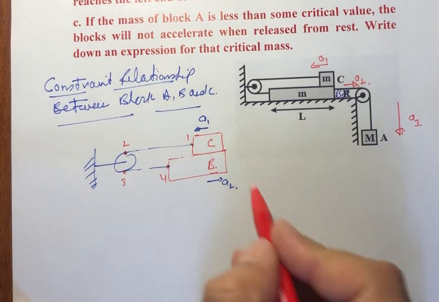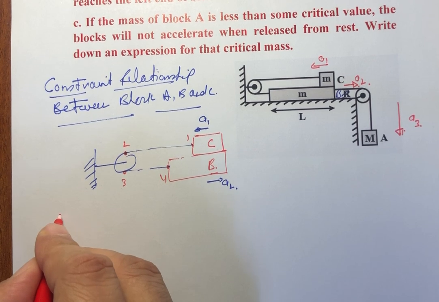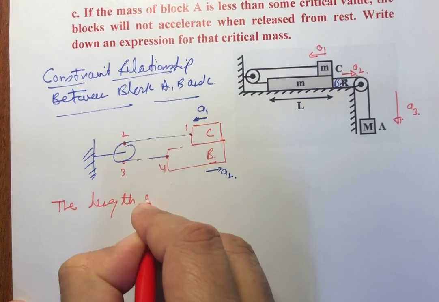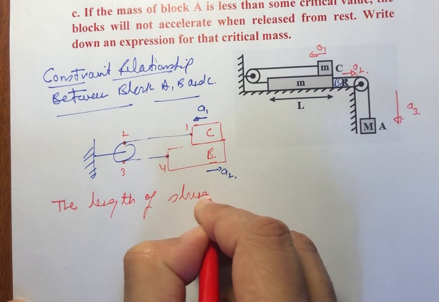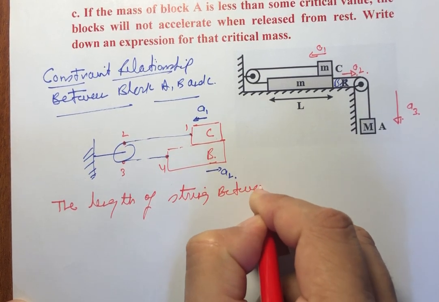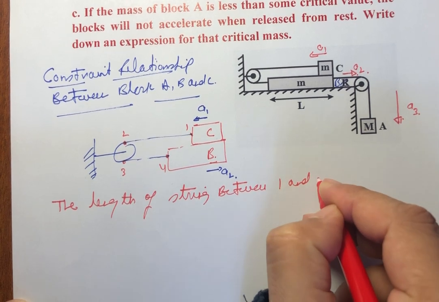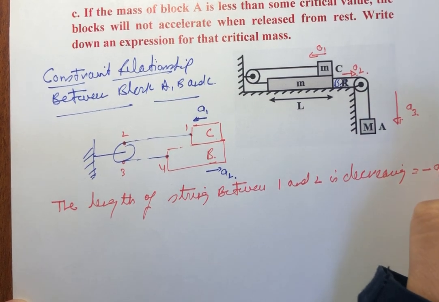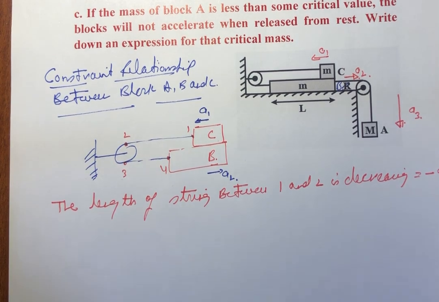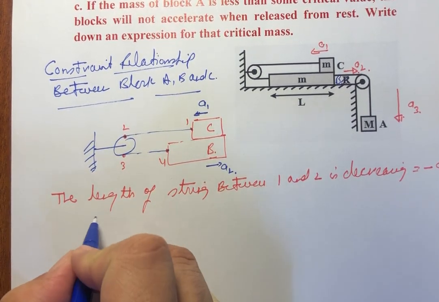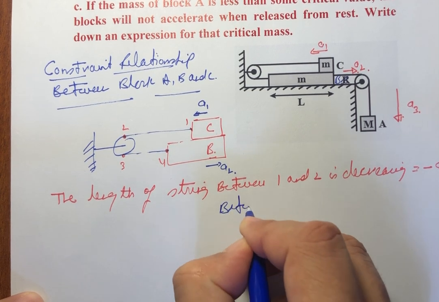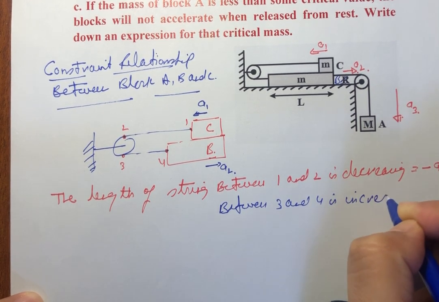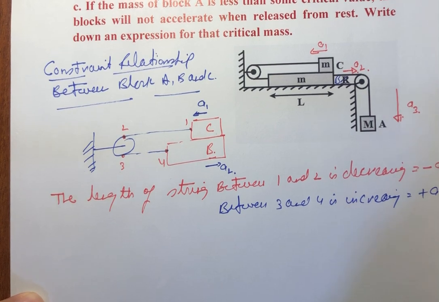So the length of string between 1 and 2 is decreasing, therefore it will be minus of A1, and between 3 and 4 is increasing, this will be plus of A2.